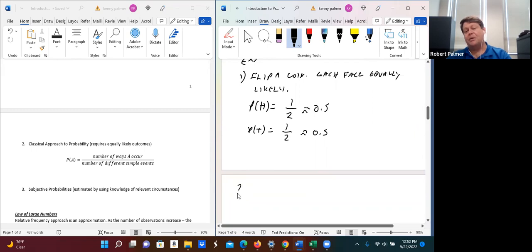Okay. And we can think about rolling a die as well. And I said these are all equally likely. Okay.